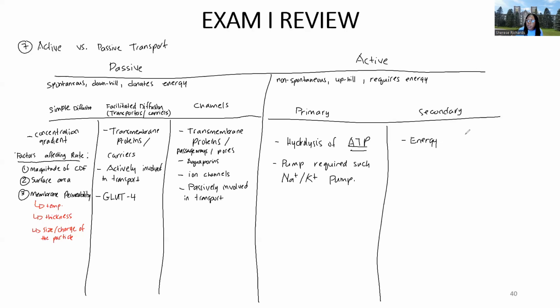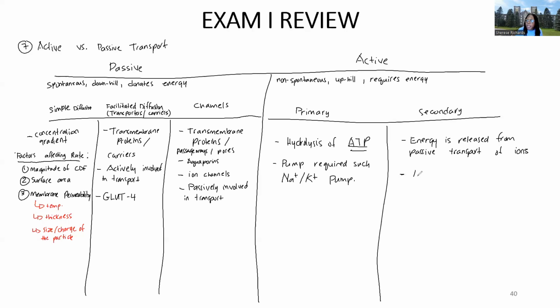So the energy to move things according to secondary active transport is released from passive transport of ions, right? So sodium or potassium moving according to their gradient would help donate the energy.